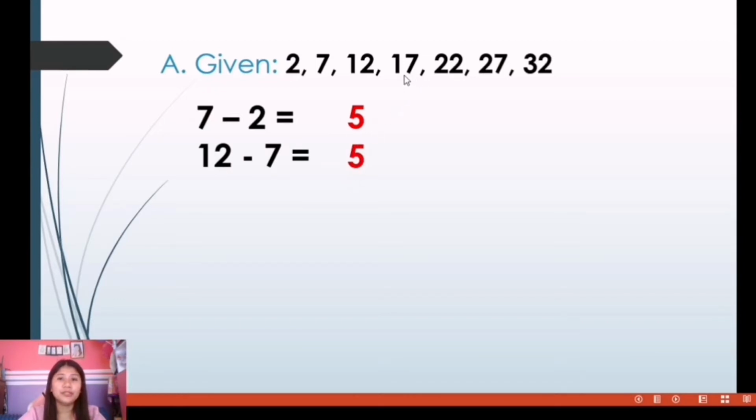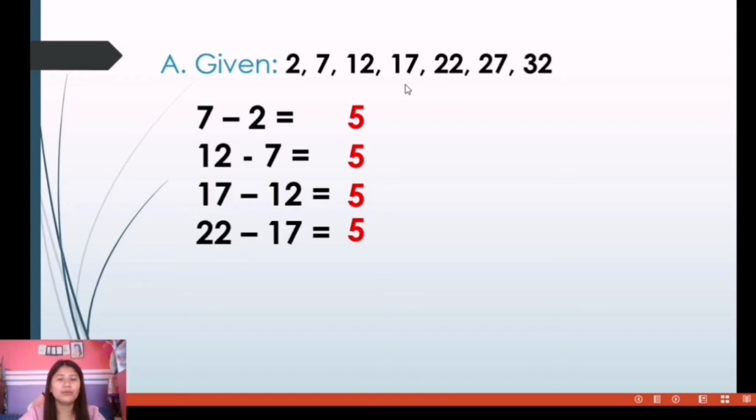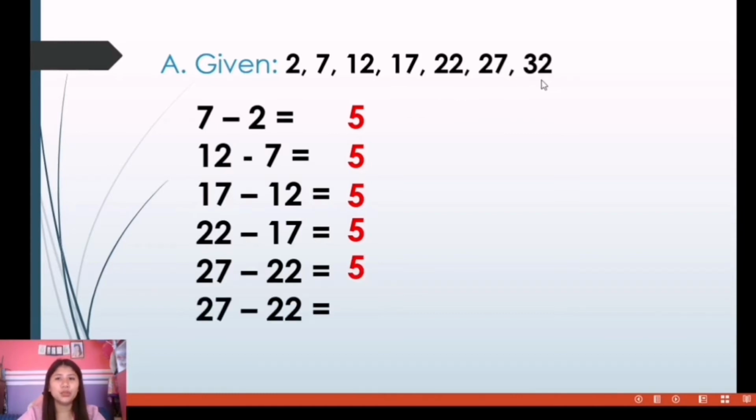And then for the fourth term, 17 minus 12 equals 5. And then 22 minus 17 equals 5. And next is 27 minus 22 equals 5. And then 32 minus 27, that is equal to 5 also.